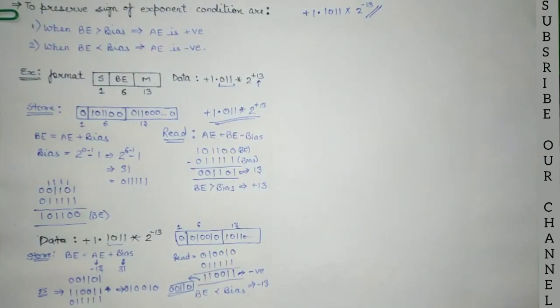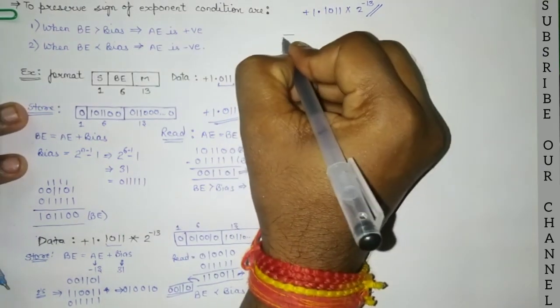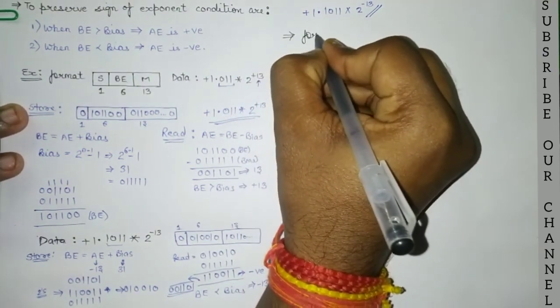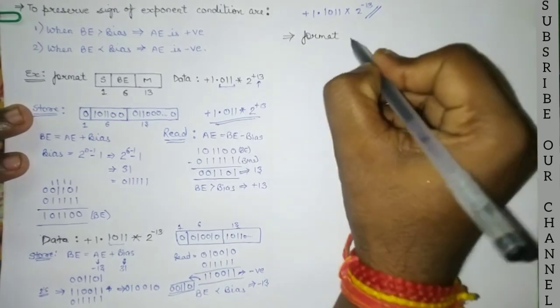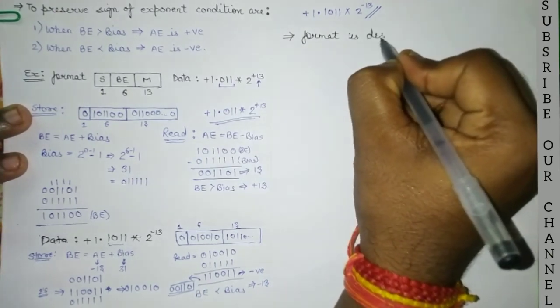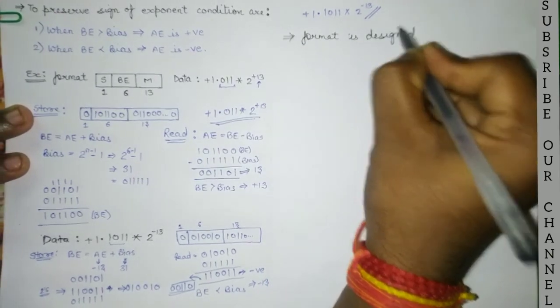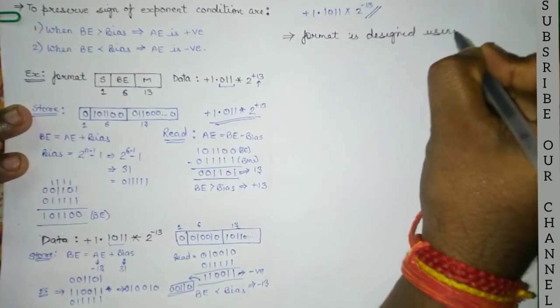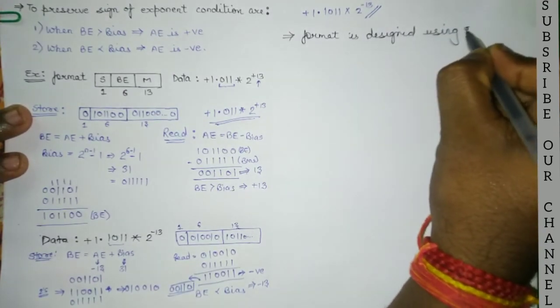Now there is one variation that I need to discuss so that you can understand the way. The next thing is, sometimes the format is designed using excess bias.